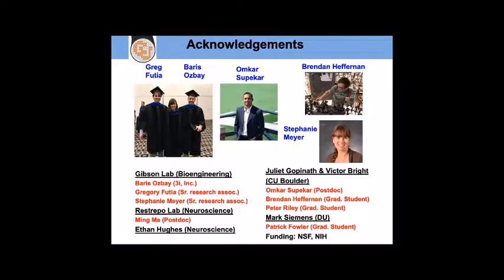Okay, that was all I wanted to talk about. I just want to acknowledge all the people that were involved in the work. Mainly Greg Futia and Baris Ozbay in my lab did the work on the miniature two-photon electrowetting microscope with the help of Omkar Supekar, who's in Juliet and Victor's lab.